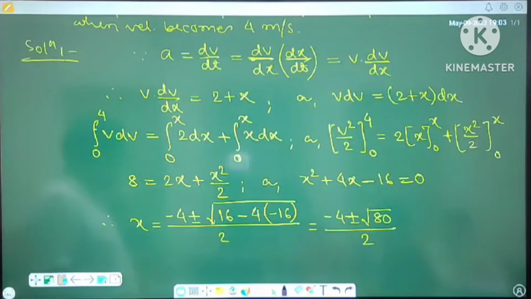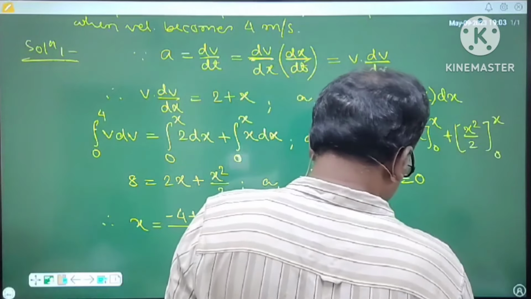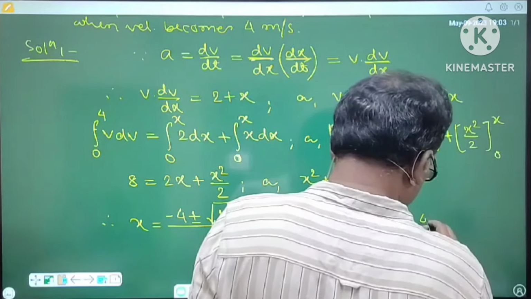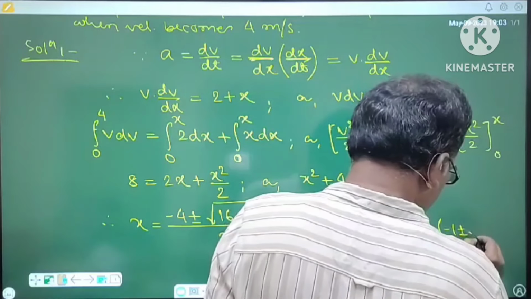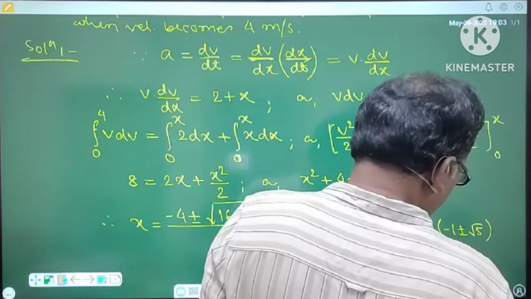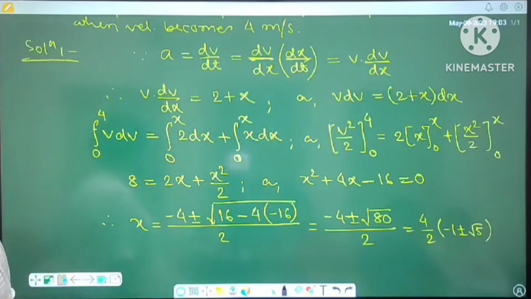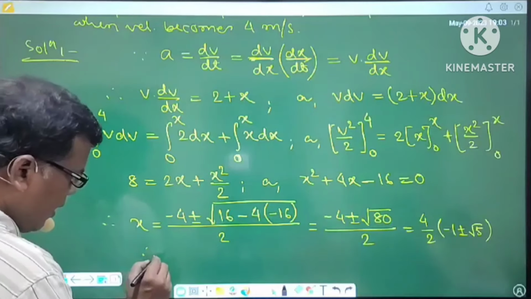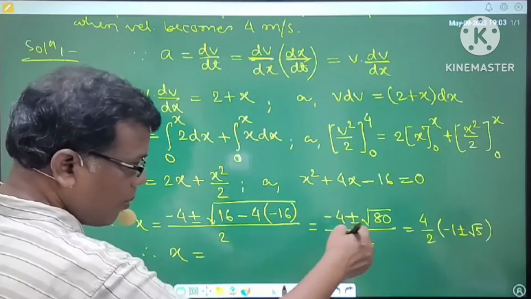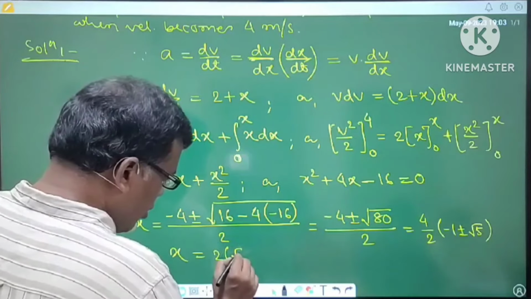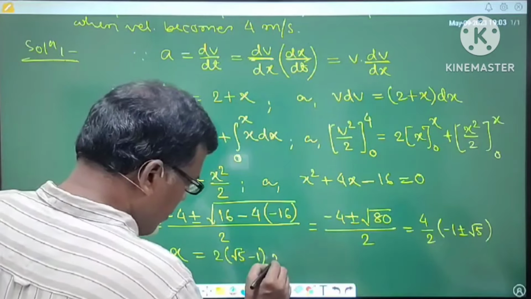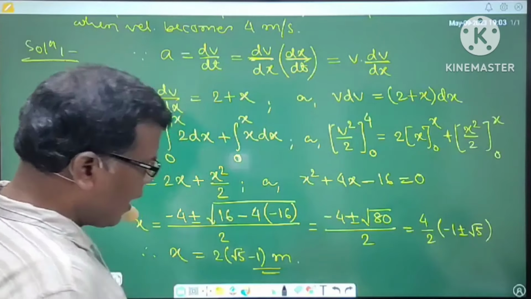Further it can be written, তাই না? তাহলে 4 বাইরে চলে এলে আমরা লিখতে পারি 4 by 2 into -1 plus minus root 5. মাইনাসটাকে নেগলেক্ট করে দেবো, ডিসপ্লেসমেন্ট নেগেটিভ হতে পারে না, ঠিক আছে তাই তো, কারণ এক্সেলারেশনটা ইনক্রিজ করছে। তাহলে x পসিবল ভ্যালু হয়ে গেল আমার কত হয়ে যাবে, 2 into root 5 minus 1 meter. So this will be the answer.